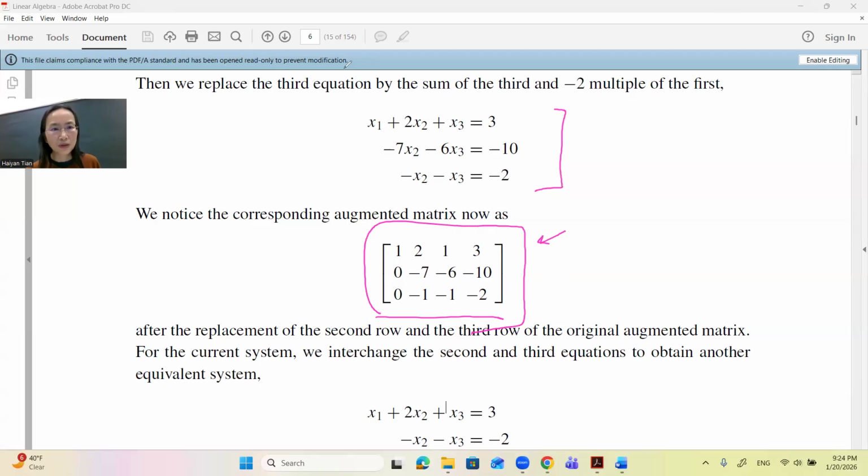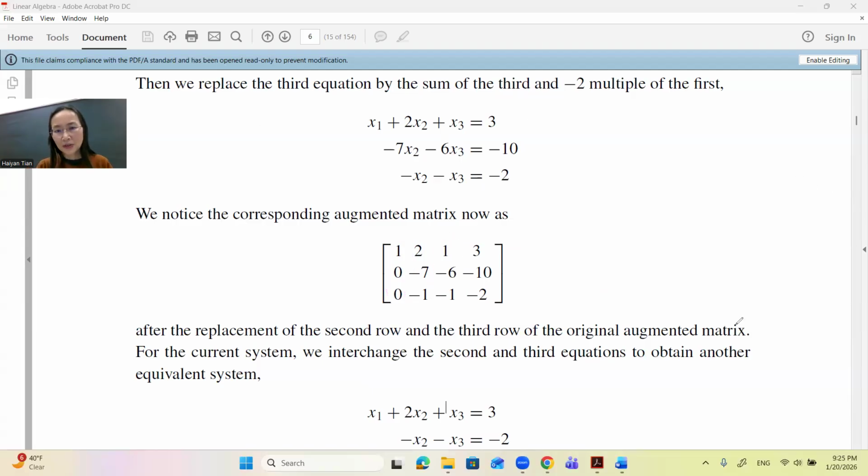I know this is new to you, but as you get used to it, you will prefer this way to represent a system of 3 variables. You see, the coefficient of the first variable, second variable, and third variable in the first equation. So all these are the coefficients of the first variable, x1. Those are the coefficients of the second variable, and the coefficients of the third variable in the 3 equations.